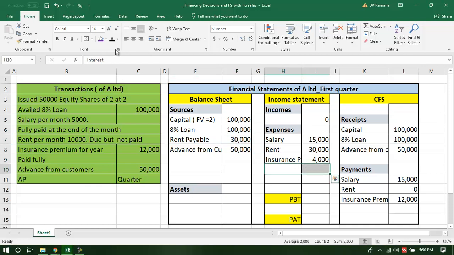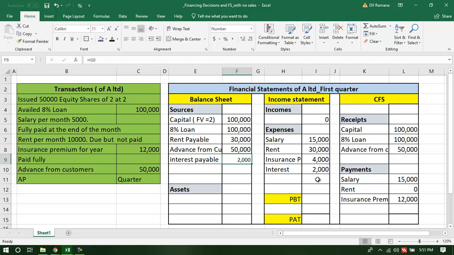So as per the accrual principle, we are bound to show the interest even if we don't pay the interest during that period. Even if the company doesn't pay the interest, they have to show it as an expense and create a liability called interest payable.